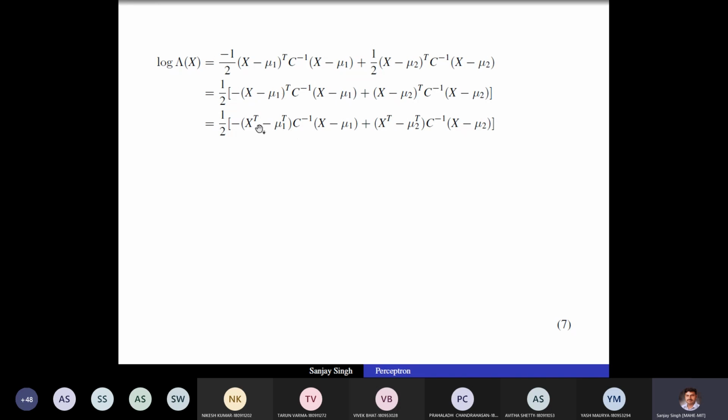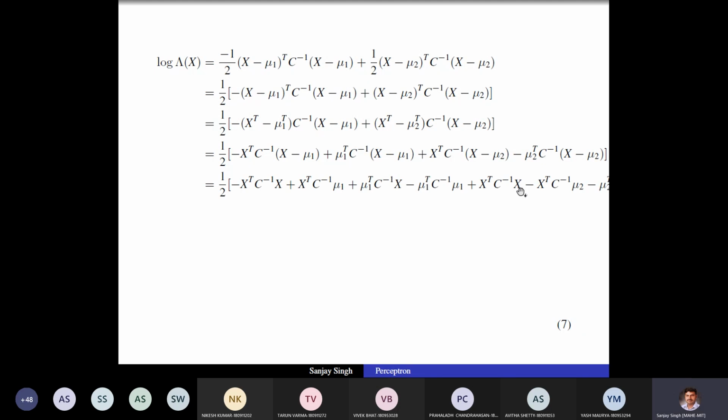Now I'll just multiply x transpose to this entire factor, and similarly to this side. When I do this, I get something like this. I have solved it step by step, while in the book they just write the formula directly. So go through this particular step carefully.